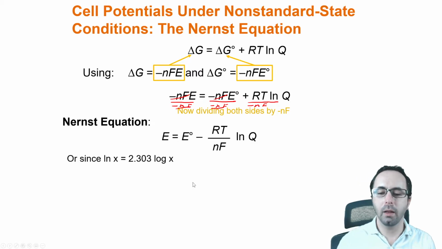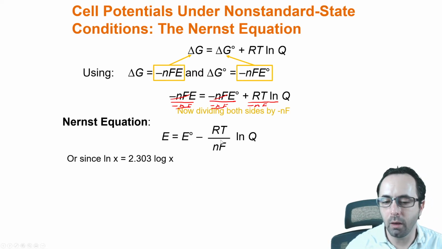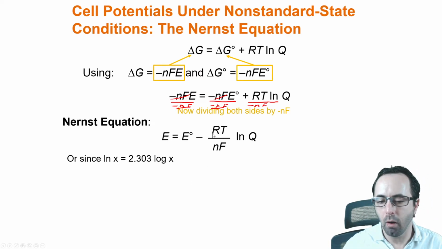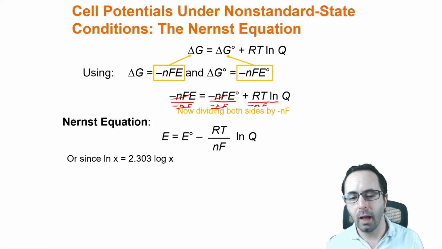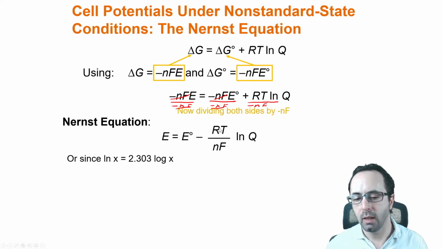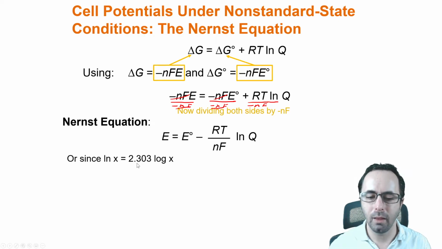Now, your book likes to do this thing where, since this equation has a lot of constants in it, R is constant, F is constant, and T is usually 298 Kelvin. So what your book does is it actually uses a modified version of this equation in which, first of all, for some reason, and all the books do this, they take the natural log Q and instead turn it to a base 10 log.